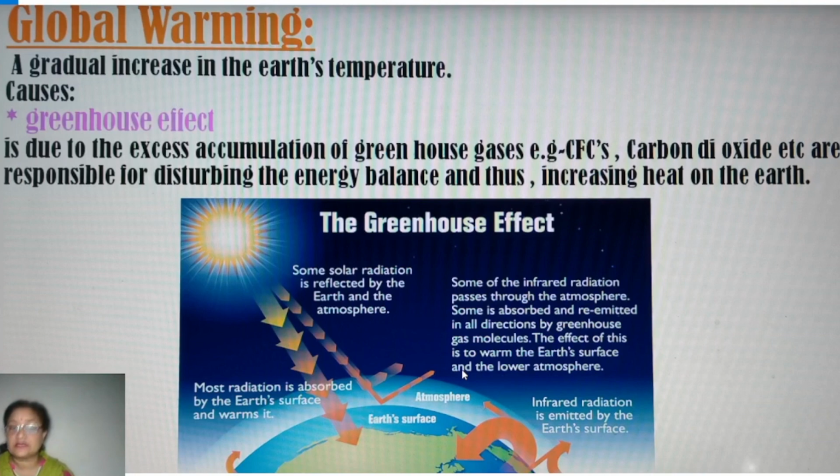Moreover, it is also causing a rise in temperature of the entire Earth's surface. So this is one thing. Now, what can be the reason behind the ozone depletion or the destruction of the ozone layer? One big reason is various gases, the greenhouse gases which are being released.